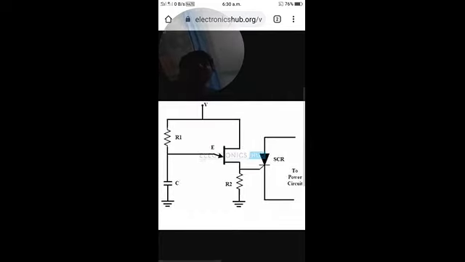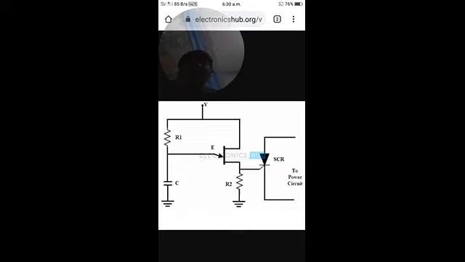When we give the supply VBB, this voltage is divided equally between the resistors R1 and R2.